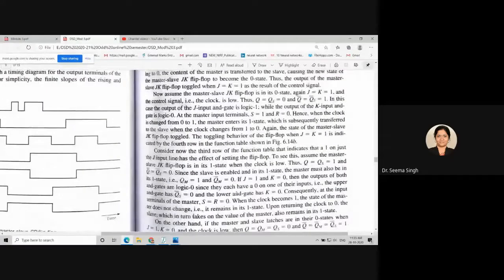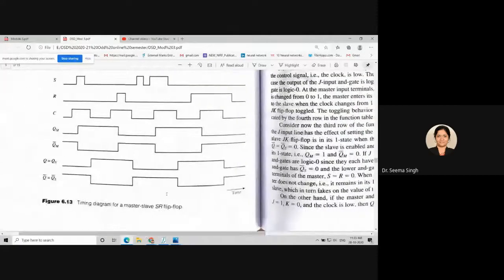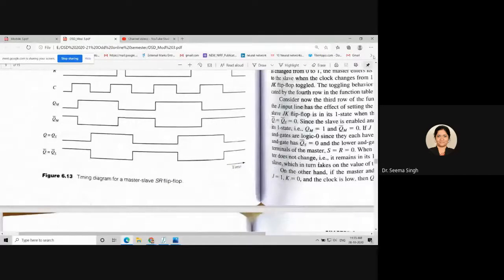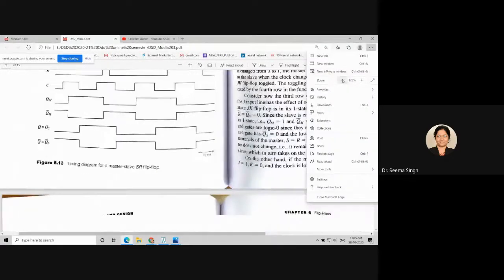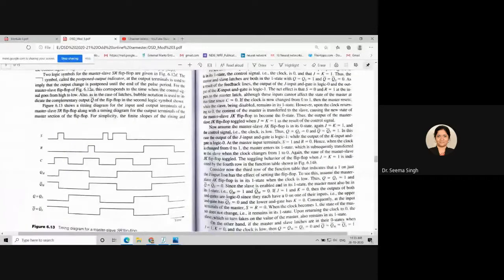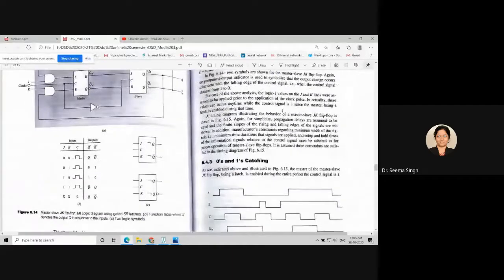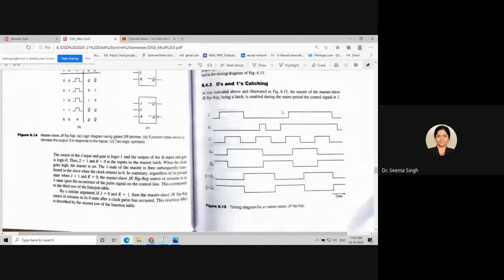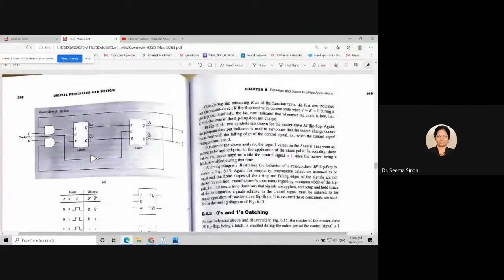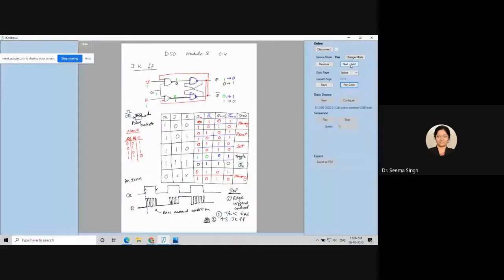Let us see the waveform of master and slave. At the higher clock pulse, your master will work, and at the lower clock pulse, your slave will work. Okay, here you do not have the waveform. I will show you here.